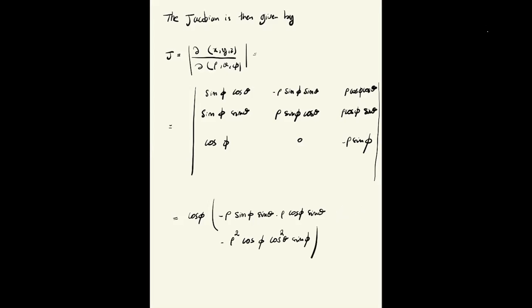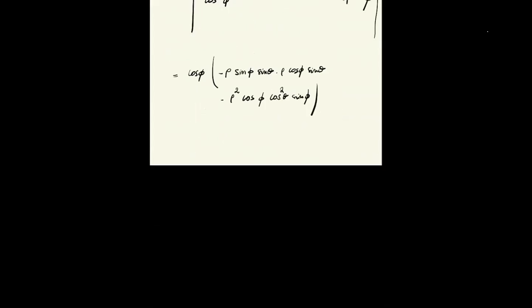Now there will be a 0, and now minus rho sine phi times rho sine phi squared, right?